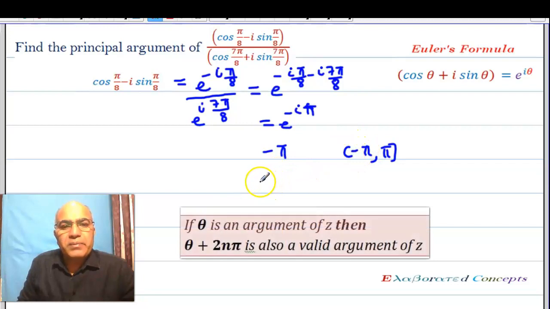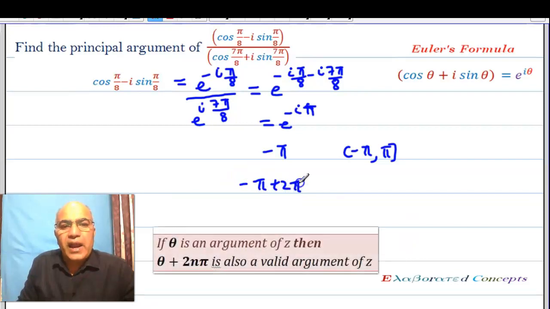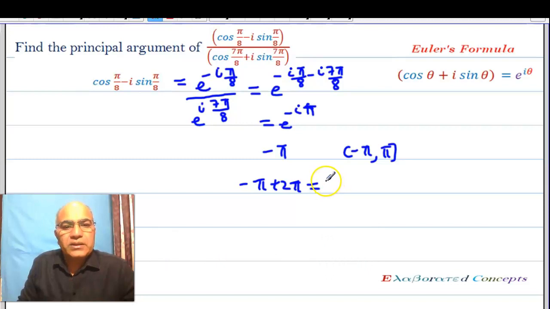Therefore, to get the principal argument, we add 2 pi to this argument, as we can add or subtract 2 pi any number of times to get the other arguments. So in this case, the principal argument is pi.